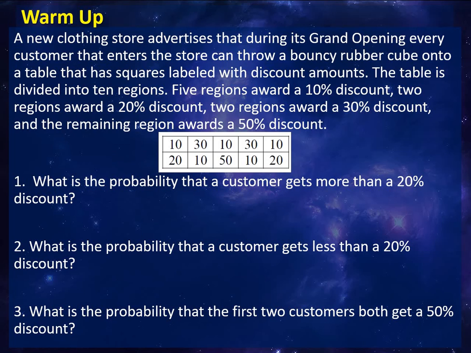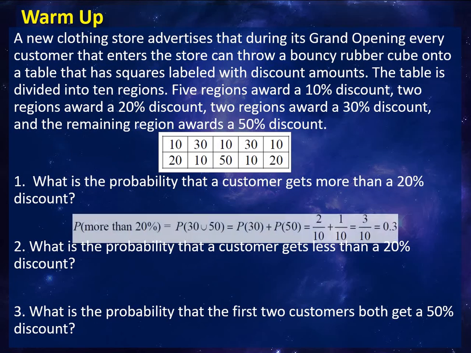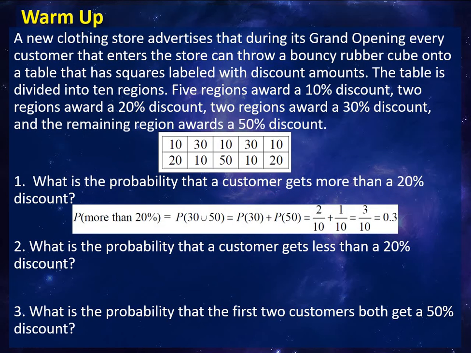So 3 out of 10. I don't expect to see 2/10 plus 1/10, but I do need to see 3/10, because that fraction is your work for this: what you want out of what's possible.